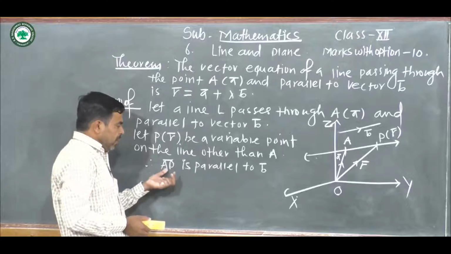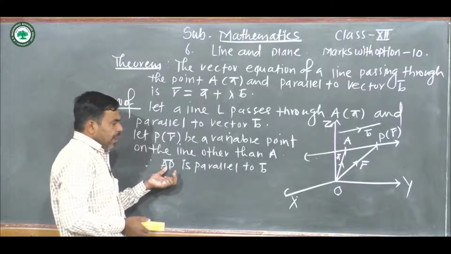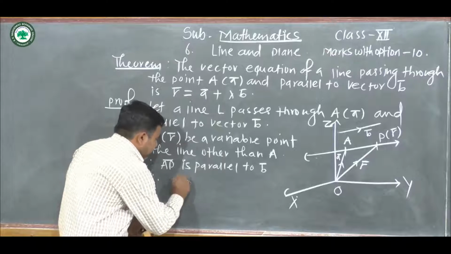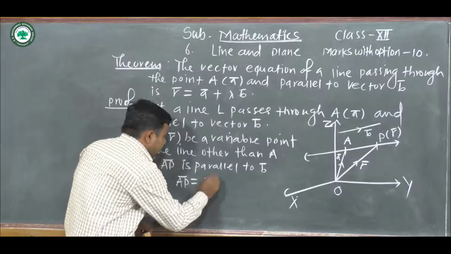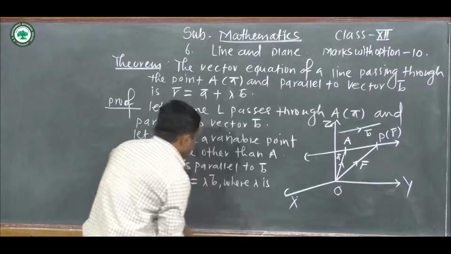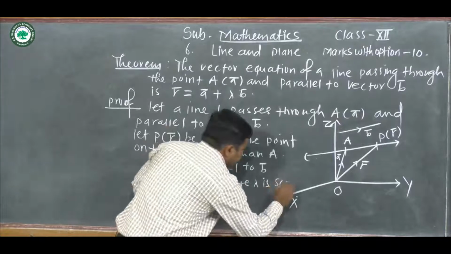So here we express AP bar as a scalar multiple of B bar. So therefore AP bar is equal to lambda into B bar, where lambda is scalar.